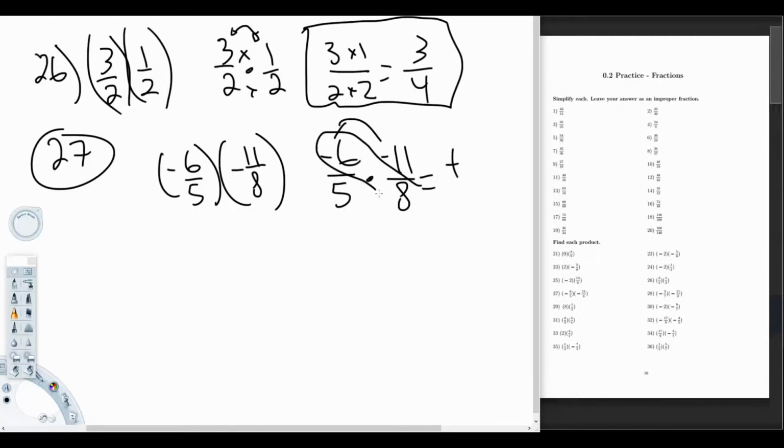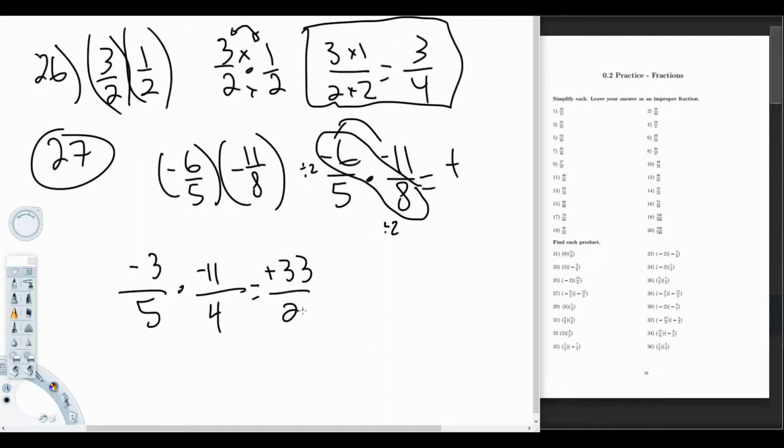So let's do negative 6 divided by 2 equals negative 3 over 5 multiplied. I'm just rewriting this part. And then negative 11 over 8 divided by 2, because you have to divide the top, you have to divide the bottom. 4 equals negative 3 times negative 11 is positive 33 over 20, and that is it. That's your answer. That was number 27.